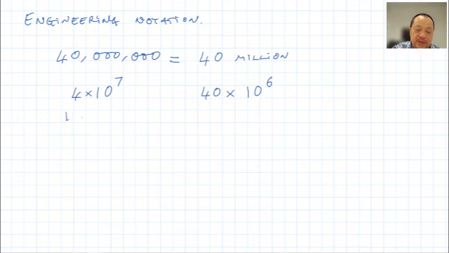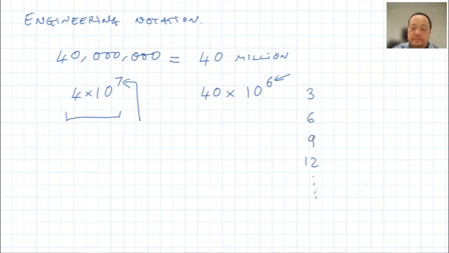The emphasis of scientific notation is to make sure that you know that the number we started with is in the range of 7 zeros. It's in that order of magnitude. In engineering notation, they want this exponent to be only multiples of 3. So 3, 6, 9, 12, etc.